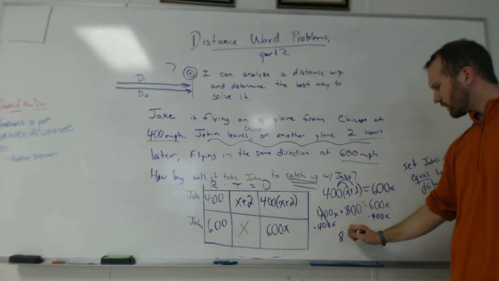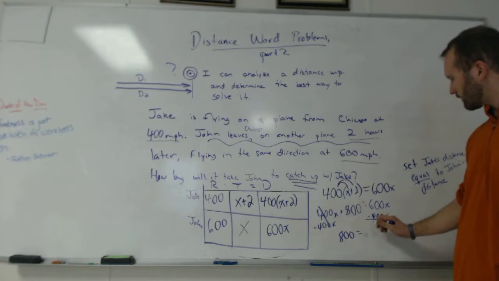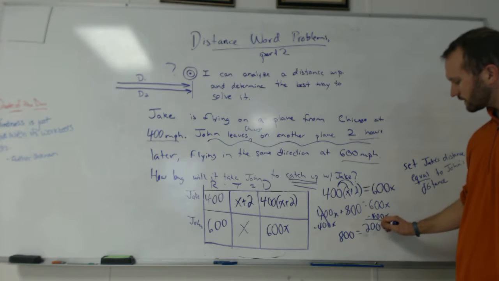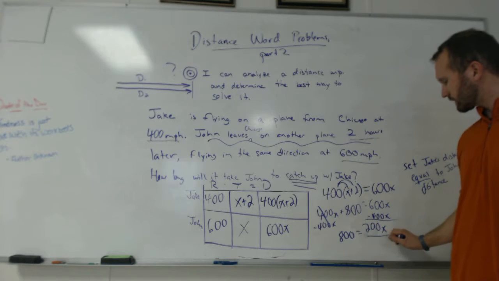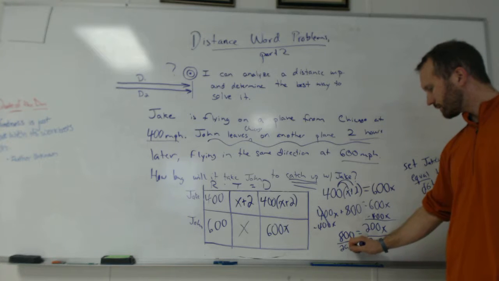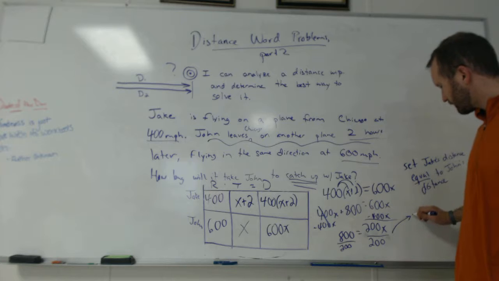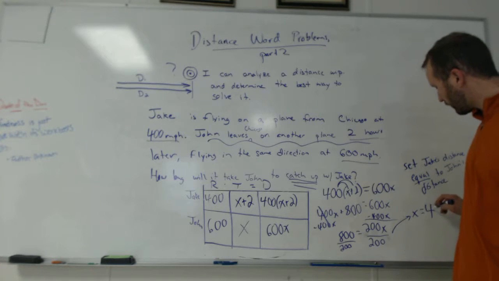I have 800 left over here, equaling 600x minus 400x, which is 200x. And then if I want to find x, I divide both sides by 200. So x equals 4.